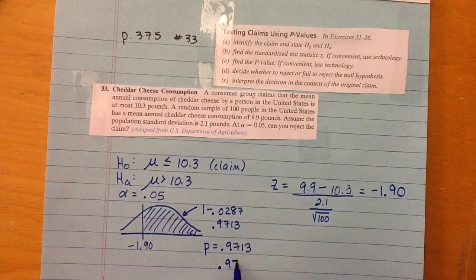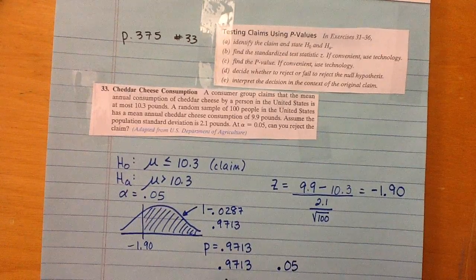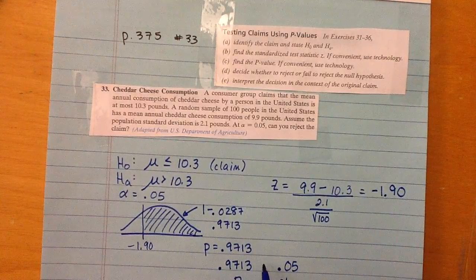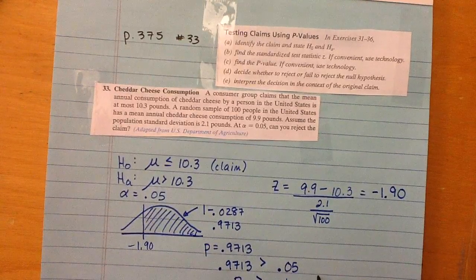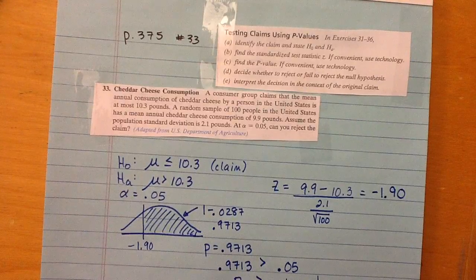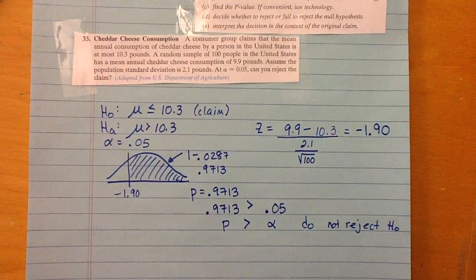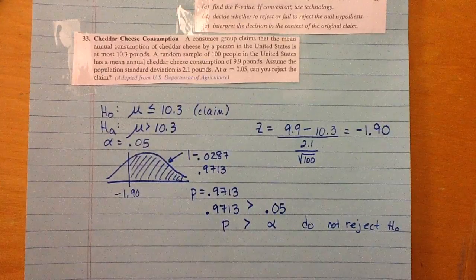Is my p-value 0.9713 compared to my alpha, which was 0.05? 0.9713 is bigger than alpha, and my decision is if p is greater than alpha, I do not reject H sub 0. So my decision is to not reject H sub 0.